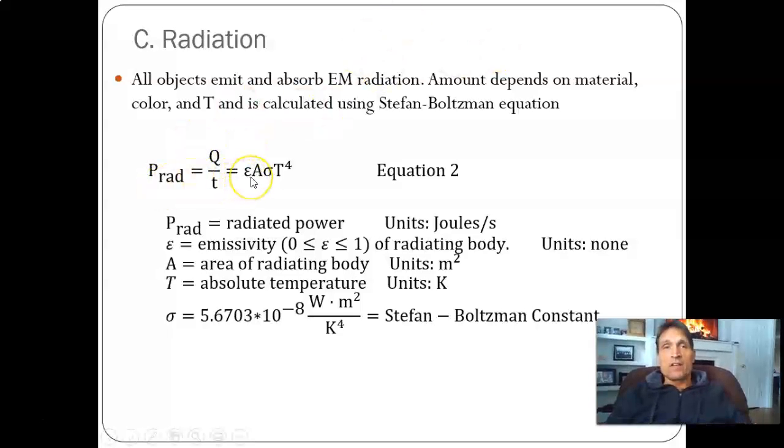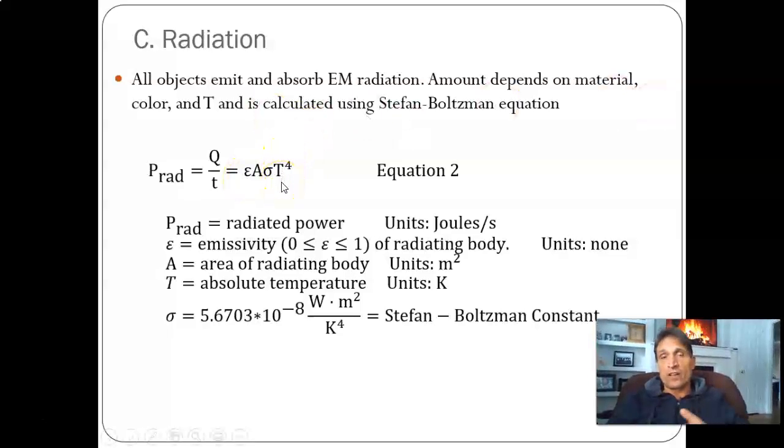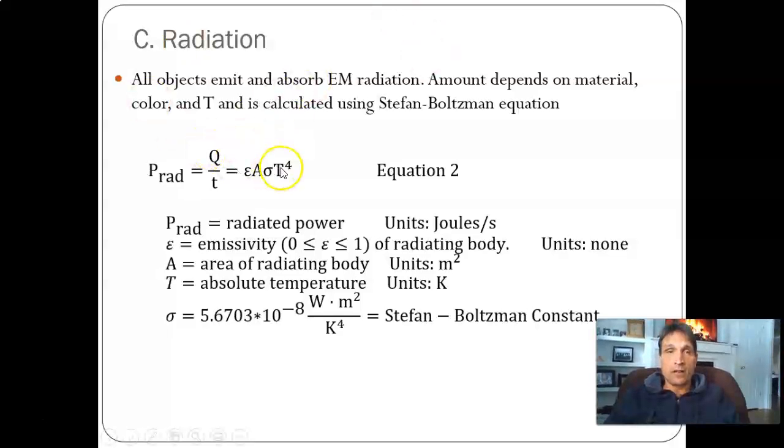And so the emissivity is 1 for a black body, and it's close to 0 for bodies that are highly reflective. So it's based on the color of the surface, and it's just a constant between 0 and 1. So the primary variables influencing how much energy is radiated by a body is temperature, followed by surface color.